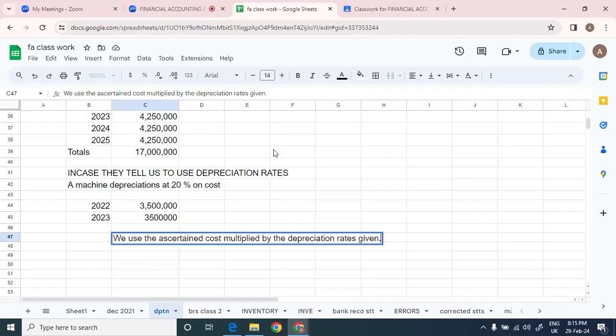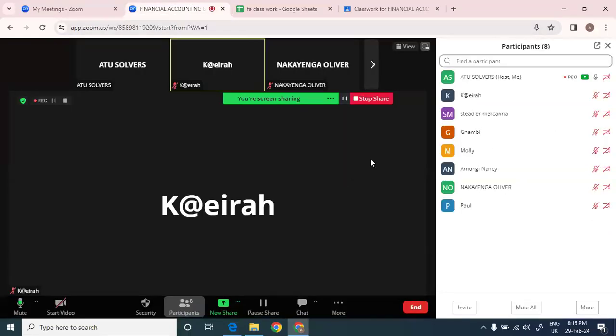So in case you are given a percentage, you just take the ascertained cost times the depreciation rate given. Hope that has answered you. Okay, yes, thank you.